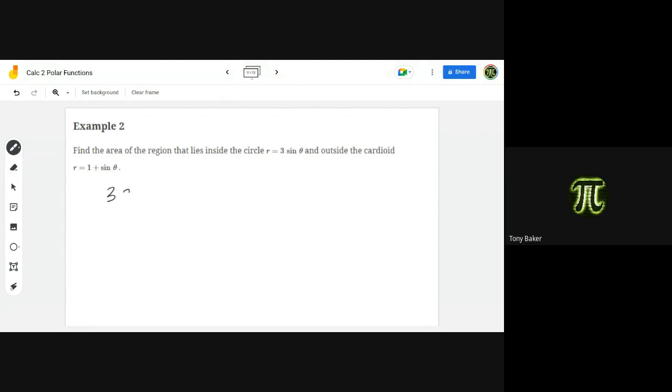So I have 3 sine theta equals 1 plus sine theta. So I have 2 sine theta equals 1. So sine theta equals 1/2. So which values of theta will give me sine of 1/2?